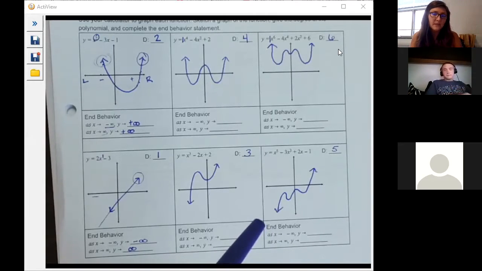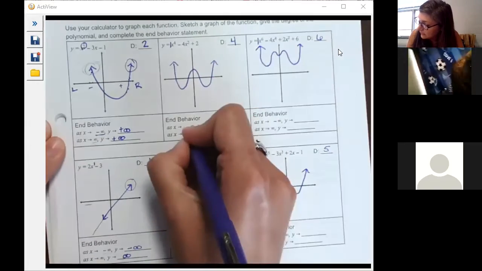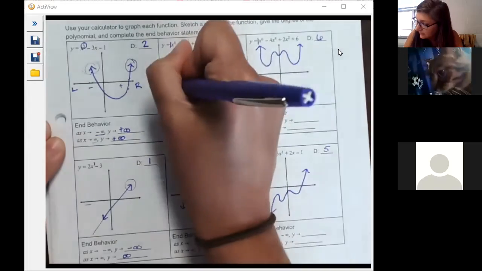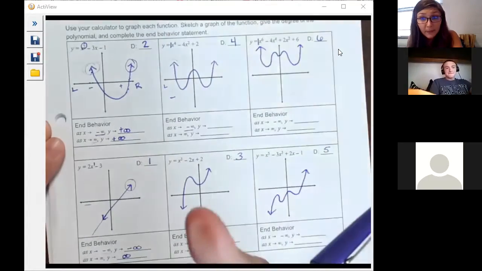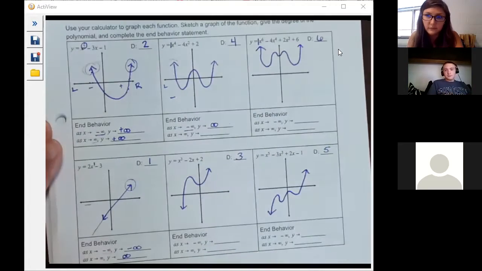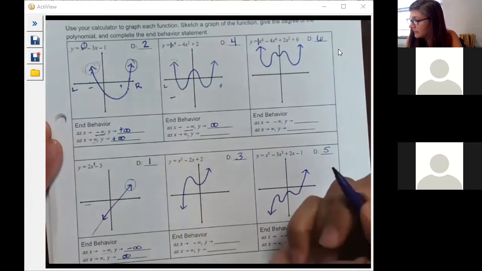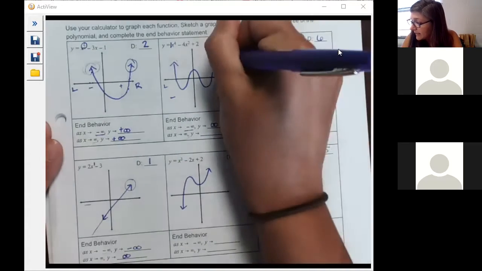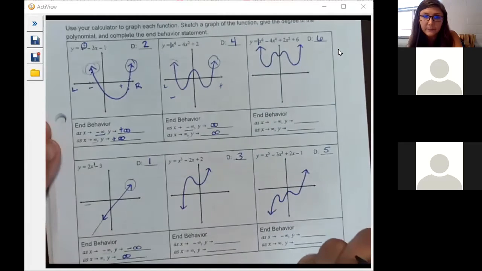So let's take a look at the last couple on this page. On the left end, when x is negative, my arrow is pointing up, so that's positive infinity, or just infinity. On the right side, when x is positive, when we're going towards positive infinity for x, my arrow is pointing up, so that's, again, positive infinity.